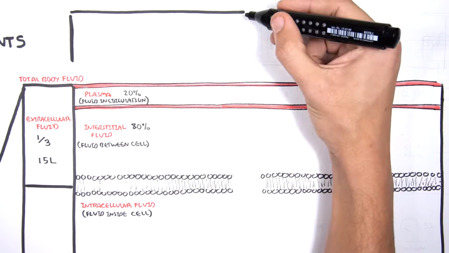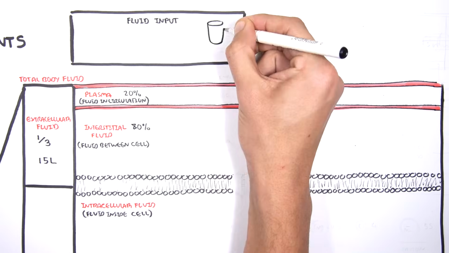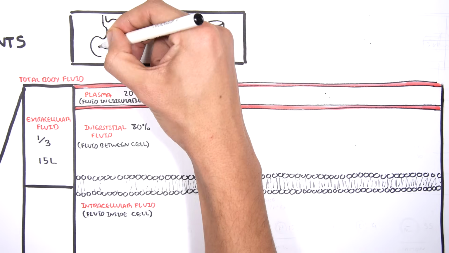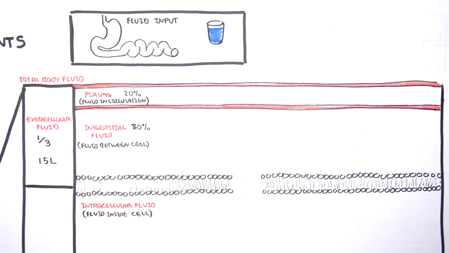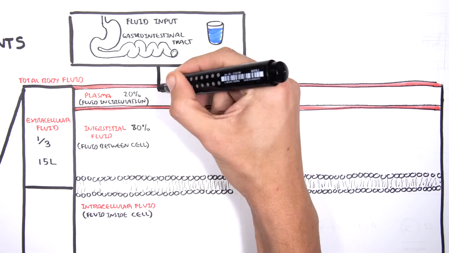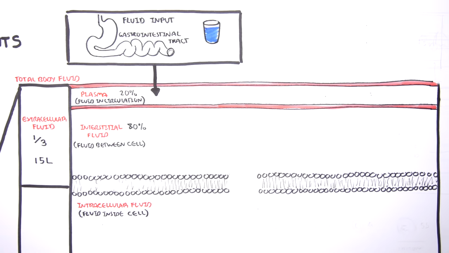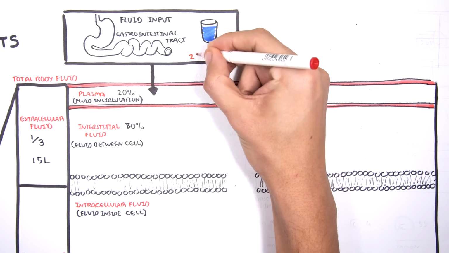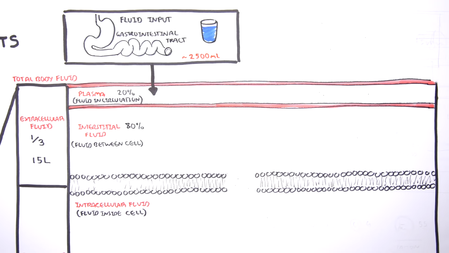We mainly get fluid from drinking water and eating food. And so the main fluid input is basically from the gastrointestinal tract. We need roughly 2,500 mL per day, which is required to balance your average water loss.